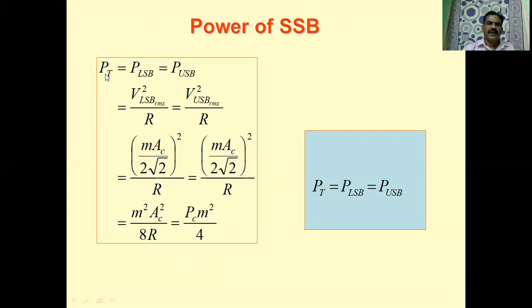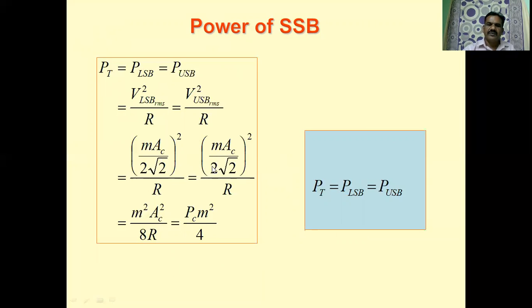The total power PT equals either the lower sideband power or the upper sideband power: lower sideband voltage square by R, upper sideband voltage square by R. The amplitude of a sideband is MAC by 2, so for RMS, MAC by 2 root 2, whole square by R, where R is the resistance of the antenna to which that SSB signal is connected.